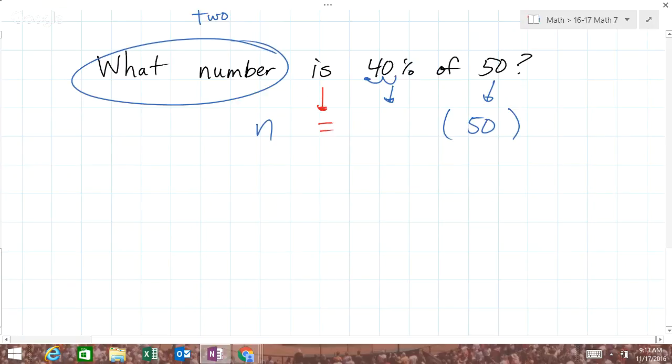It's always only 2. So that means it's going to turn into 4/10, isn't it? So now, n, 4/10 times 50. So go ahead and use your calculator if you need to. N is going to equal what? N is going to equal 20, isn't it? Okay.